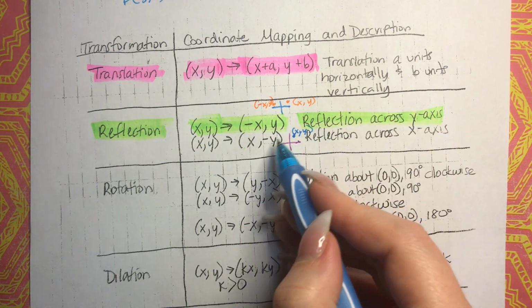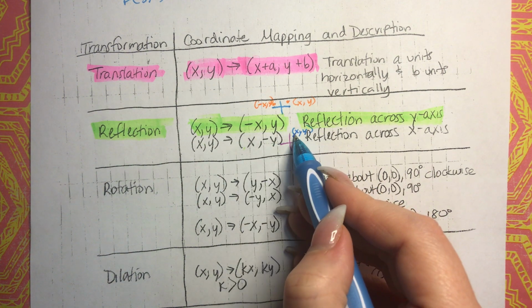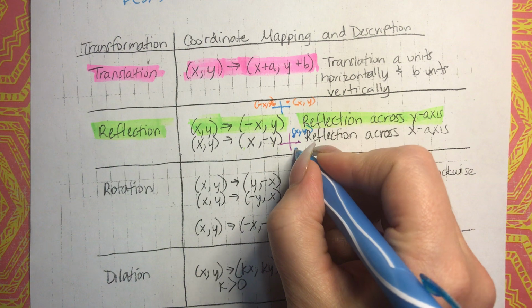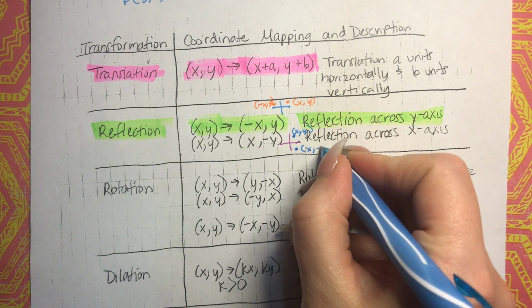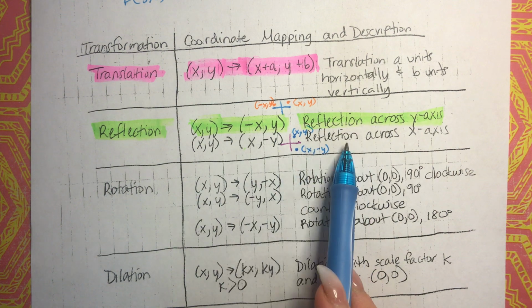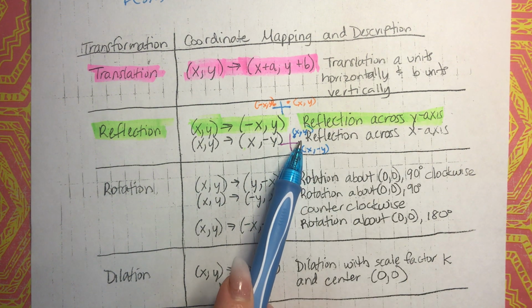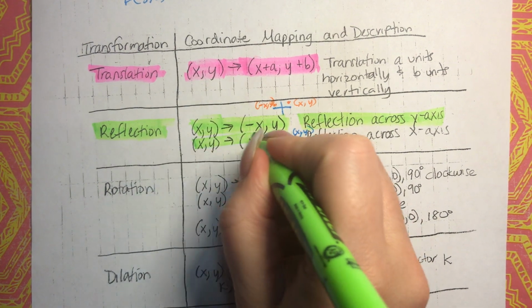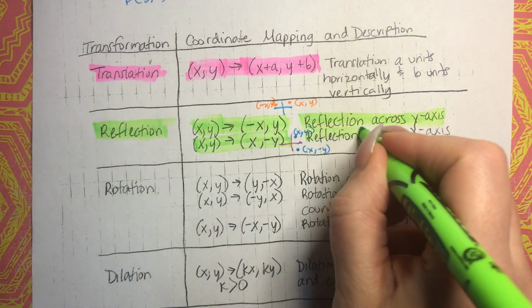But now the Y becomes negative, but the X stays the same. So if the X stays the same, but the Y becomes negative, that means it's going to be down here. So this rule represents a reflection across the X-axis.